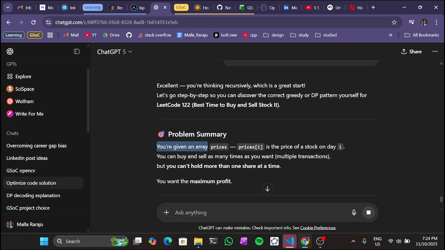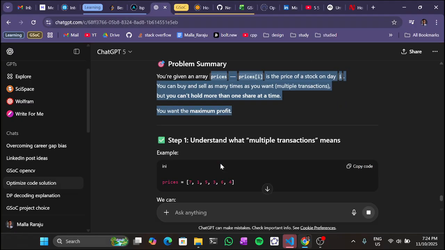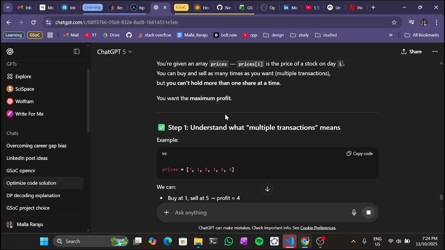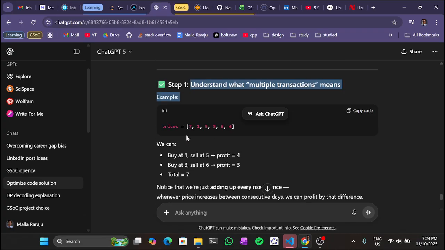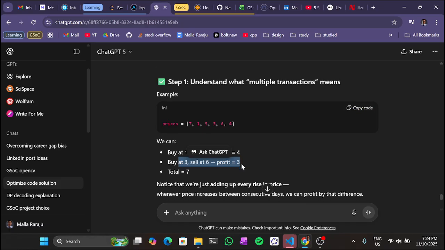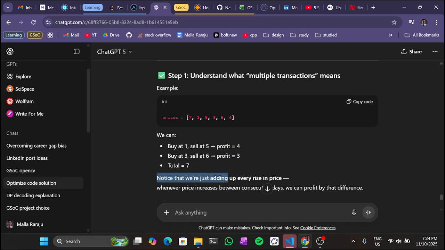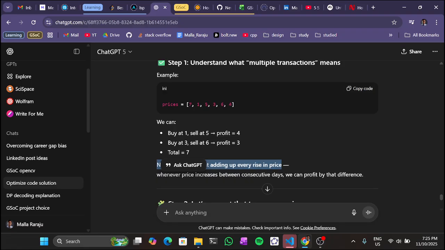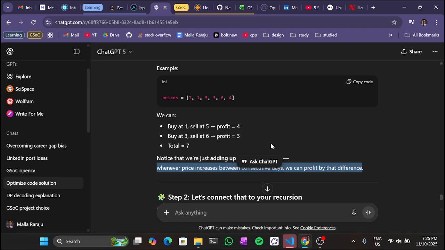So you have an array. You know all of this. Question: what does multiple transaction mean? Example: buy at 1, sell at 5, profit 4. Buy at 3, sell at 6, profit 3, total 7. Notice that we are just adding up every rise in the price. When the price increases between consecutive days, we can profit by the difference.